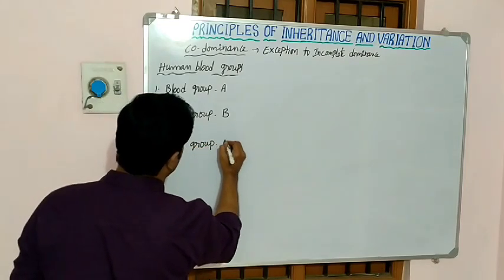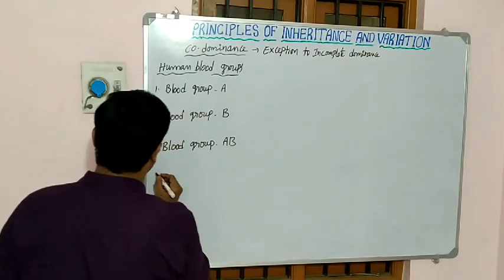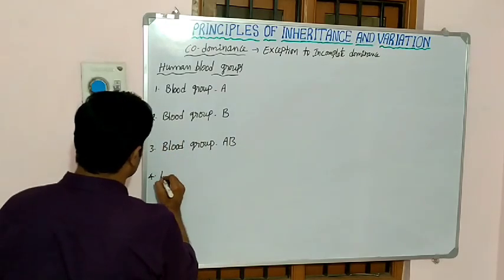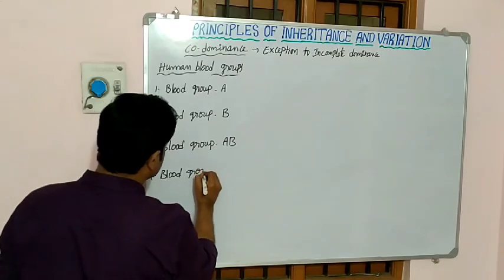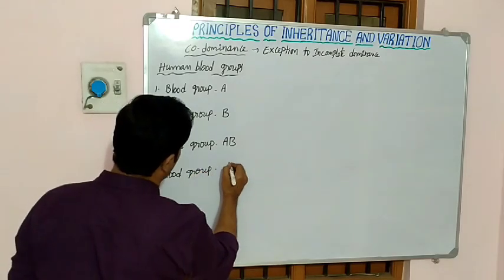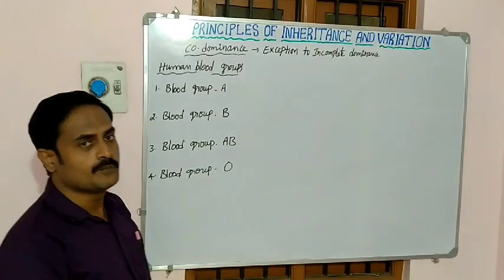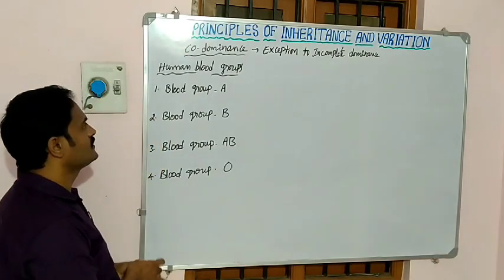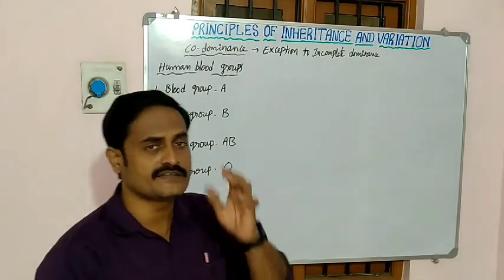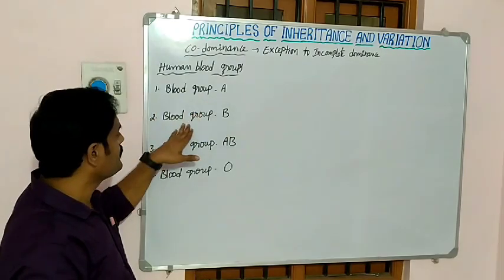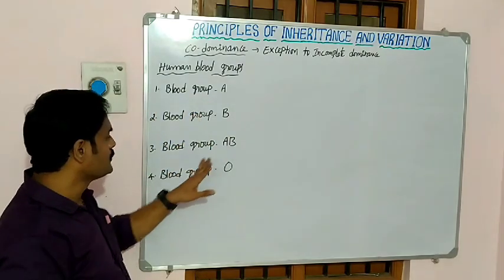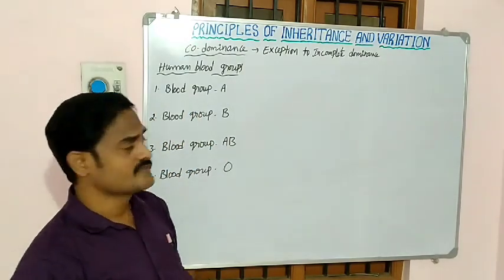And fourth one is blood group O. Remember, all humans consist of 4 different types of groups: blood group A, blood group B, blood group AB and blood group O.